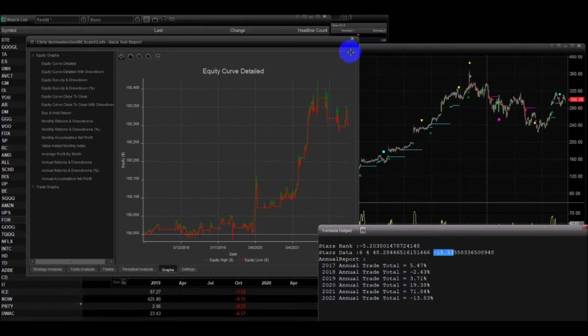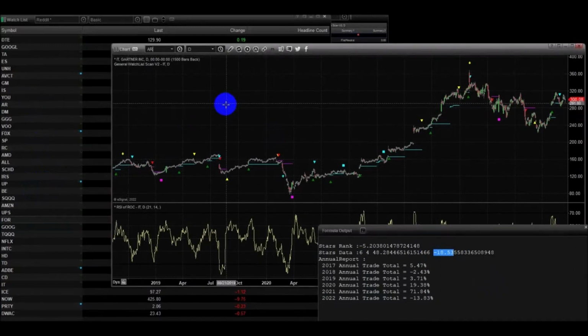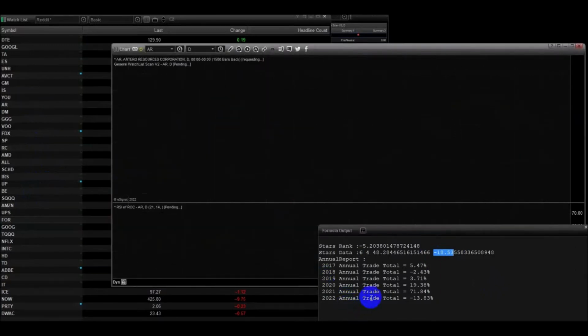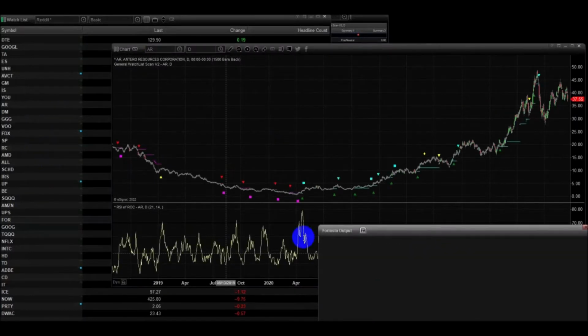Okay, so now let's take a look at, pick something new. Let's try, where am I? Let's try this AR and YOU. So AR is Antero Resources. Oh, wow, look at this number.